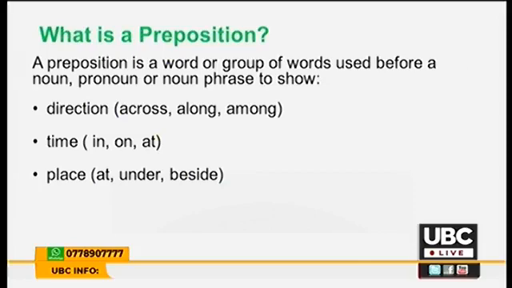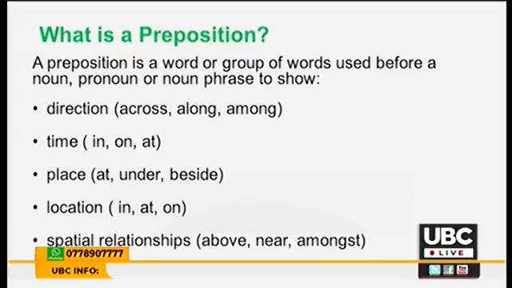We also have prepositions that show place. At, under, beside. Then we have location. They are almost similar to time. In, at, on. But this time they are used to show location. We also have prepositions that show spatial relationships: above, near, amongst.